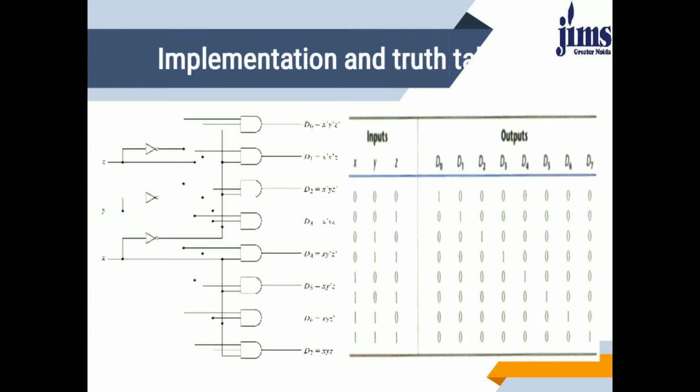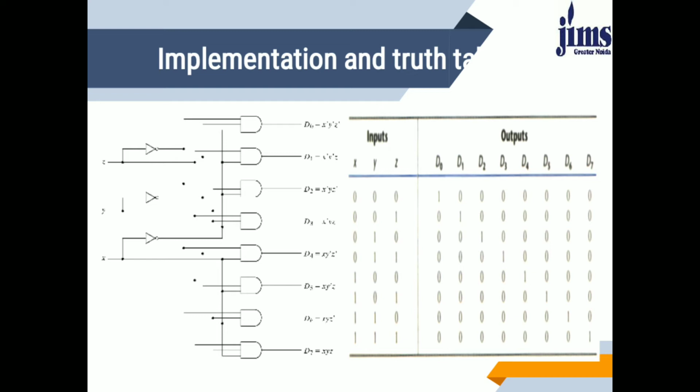If you want to see an implementation, check. For 3 inputs, there are 8 output lines. For 3 inputs, how many combinations are there in total? There will be total 8 combinations, from 000 to 111.